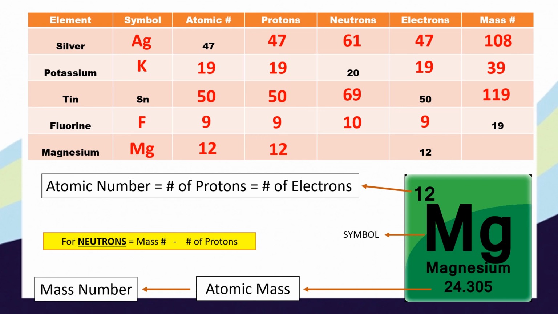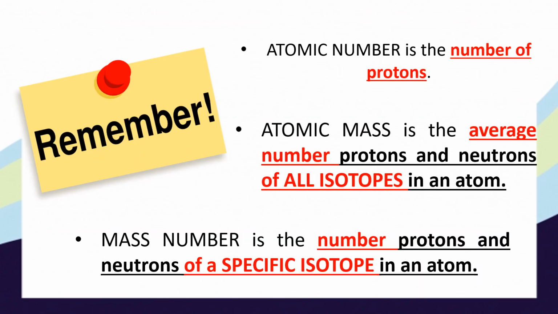From the given atomic mass of 24.305, when you round off, it is equivalent to 24. And to solve for the neutrons, 24 minus 12 is equal to 12. So there you have it. We have the correct answer for magnesium. So still you have 5 points, so 10 points for the activity about fluorine and magnesium. So we are done.